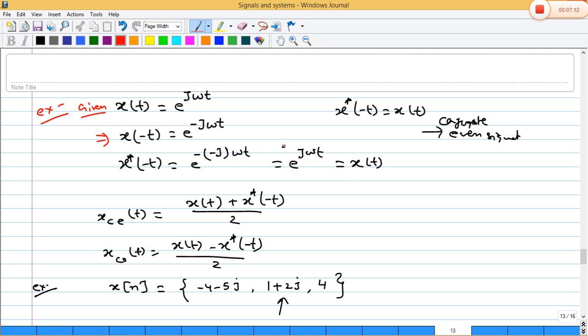So we can say the given x(t) is a conjugate even signal. So this is for conjugate symmetric, and this is for conjugate antisymmetric.